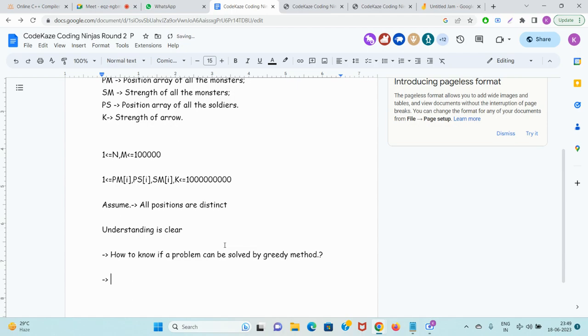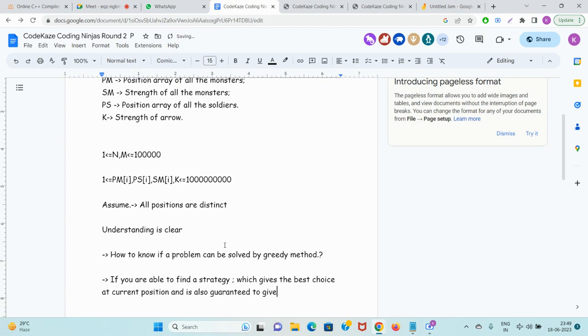If you are able to find a strategy which gives the best choice at the current position and is also guaranteed to give the best answer for the future, then you can do the greedy technique.